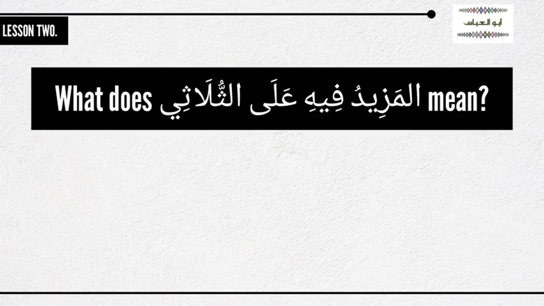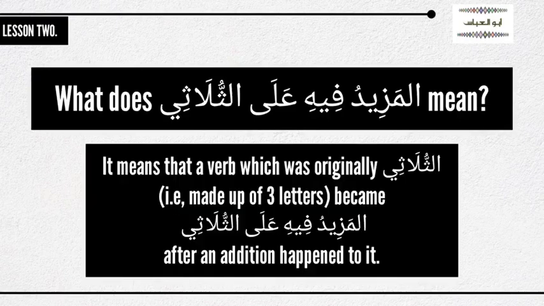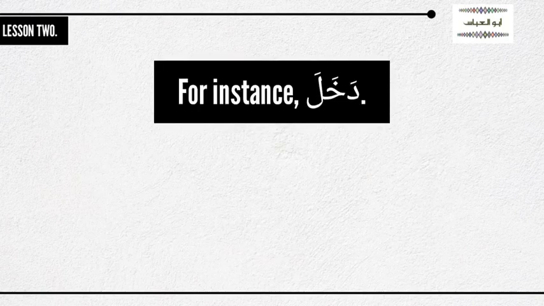So what do we mean by al-mazidu fihi ala thulathi? It means that the verb was originally a thulathi, then some additions happened to that verb and it became al-mazidu fihi ala thulathi. For instance, you have the verb dakhala.